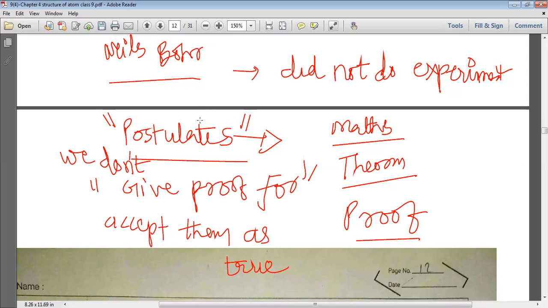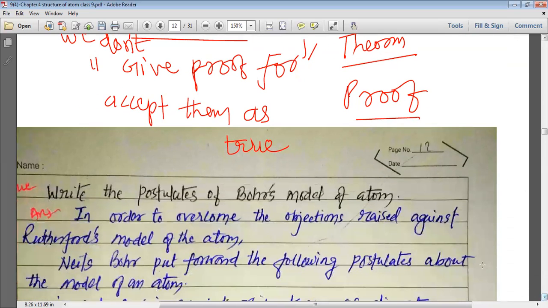You just suppose something and you believe it as true. Such things are known as postulates. So postulates do not have experimental evidences. Please remember that these postulates do not have experimental evidences.